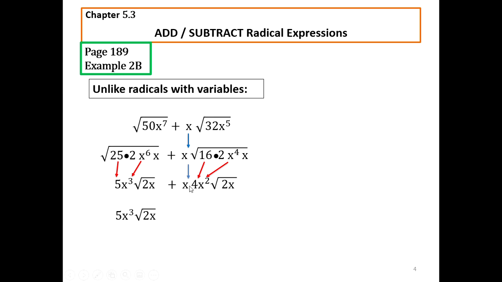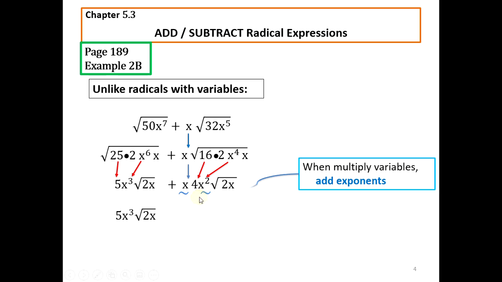And over here, well, wait a minute, this is all multiplying. Remember, whatever we take out is multiplying. We have x times x squared right there. And you know when we have the same base and you multiply them, you add the exponents. So we're going to get x to the 1 and x squared is now going to give us x cubed times the 4.